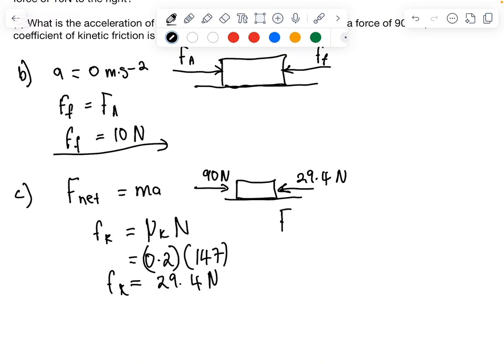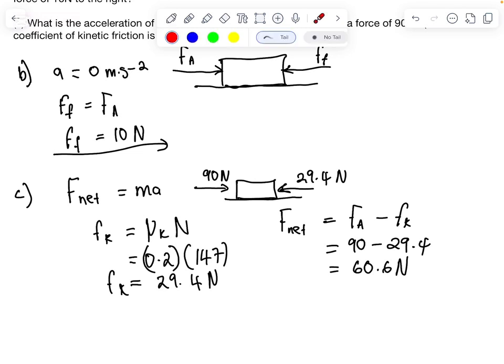Now to get F net, remember F net will be the force applied minus the frictional force, which is the kinetic frictional force in this case. So the force applied 90 minus the kinetic frictional force 29.4, that is 60.6 newtons, right?